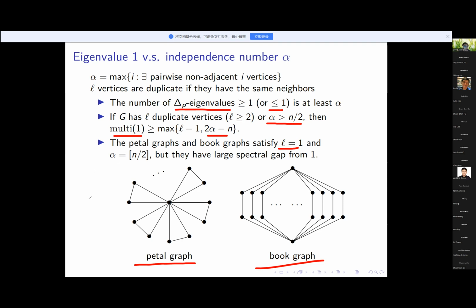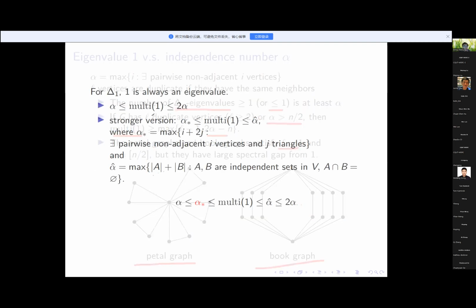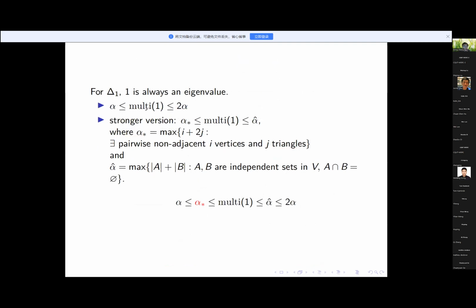For the 1-Laplacian case, the number 1 is always an eigenvalue, and we can prove a stronger estimate for the multiplicity of the eigenvalue 1. In fact, its multiplicity is at least the independence number, and at most 2 times alpha. And we can prove a stronger version in terms of two relaxations of the independence number, alpha star and alpha hat.